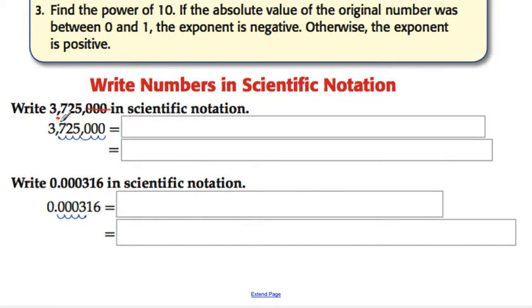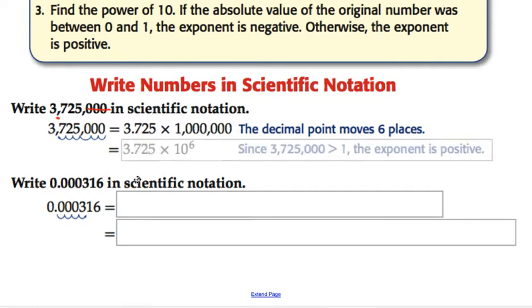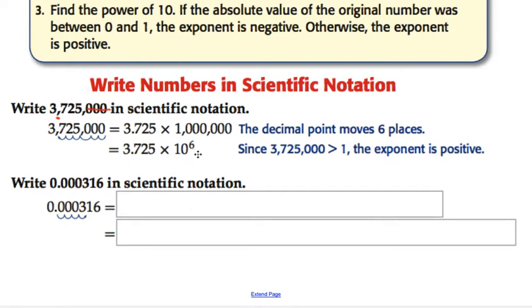So we're going to have 3.725. And our exponent is just going to be however many places we moved. Ignore this 1 million thing. I think it's easier just to go right to the exponent. So it's 3.725 times 10 to the 6th power because we moved 6 places. If you look at this, if we're at 3.725, our decimal point in our original number is at the end of the zeros.